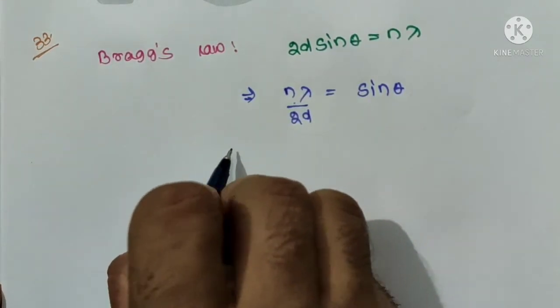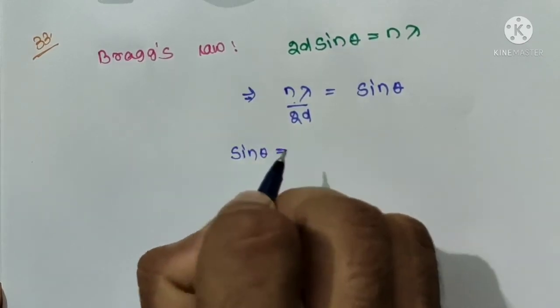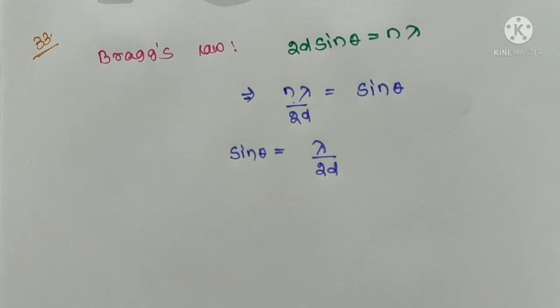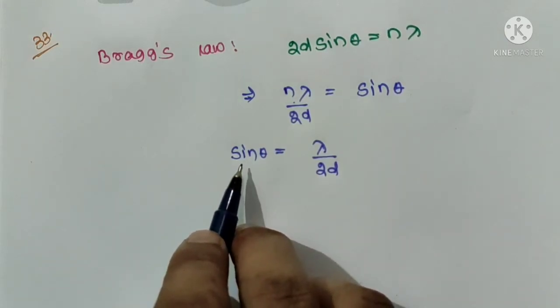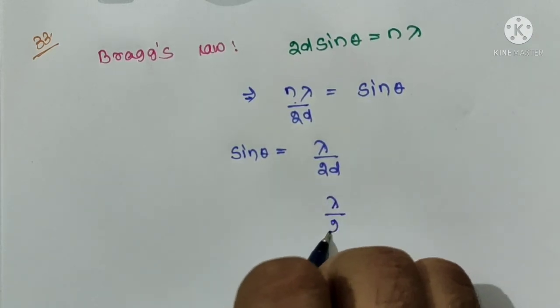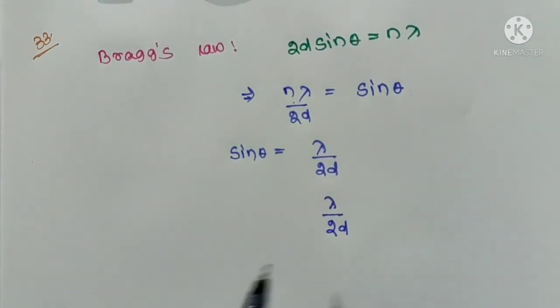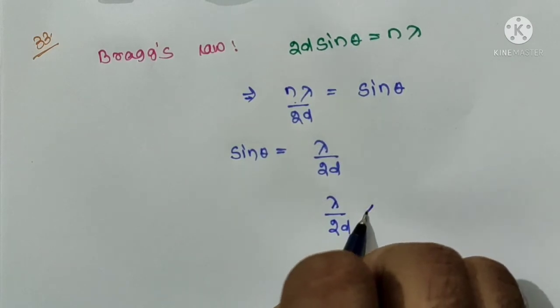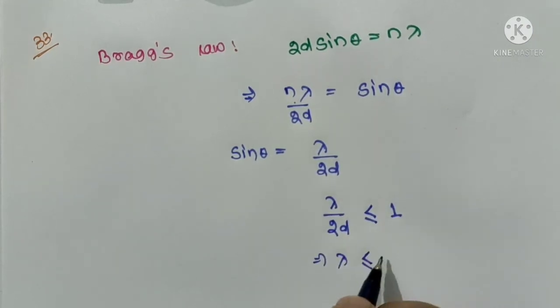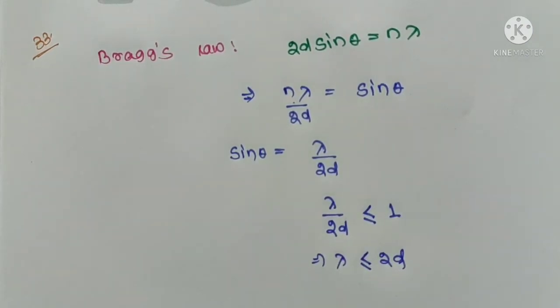So sin theta equals lambda by 2d, and we know the value of sin theta cannot be greater than 1. So lambda by 2d is less than or equal to 1 for any condition. So from here lambda is less than or equal to 2d. So your correct option is option C.